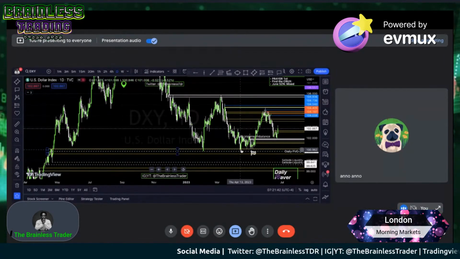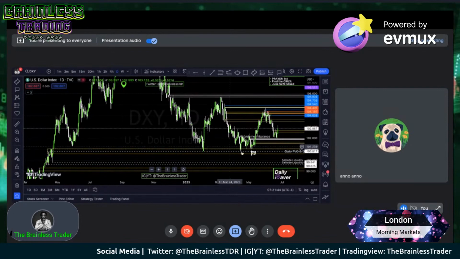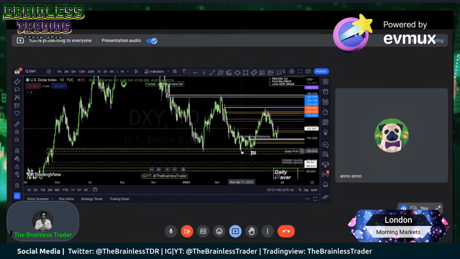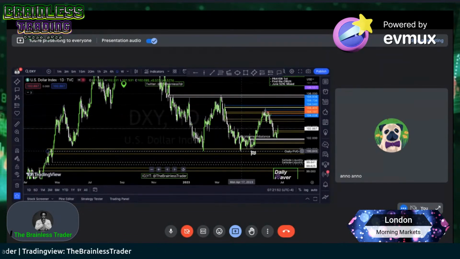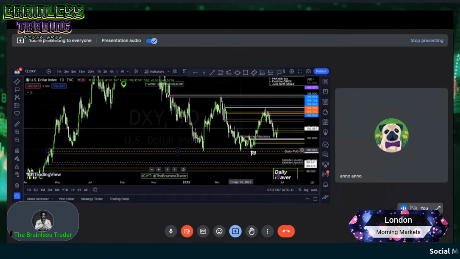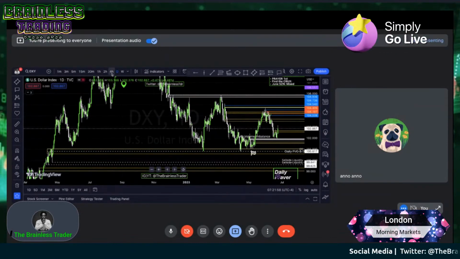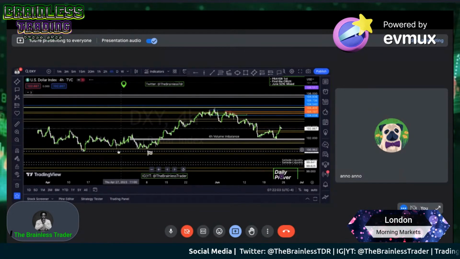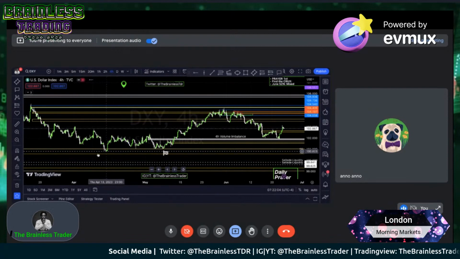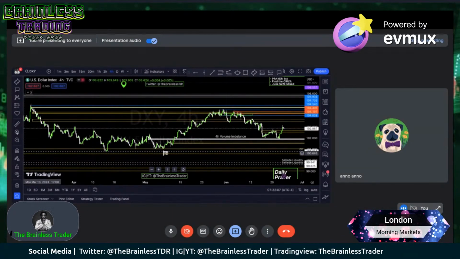Price trading past that, right here, this little tick mark, is a higher time frame run on liquidity. From that, you should have probably a 4 hour breaker or something like that that forms down here, which you have, low key. It's very small.